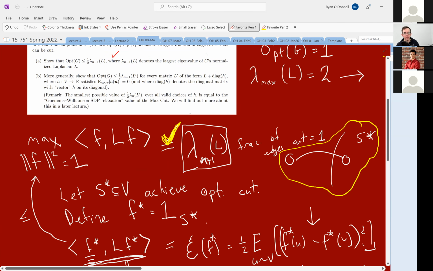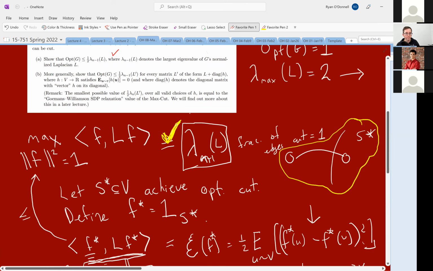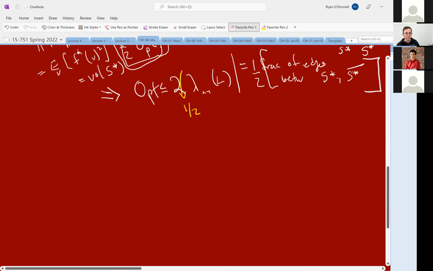Is there something where the volume of the cut set is at most 1/2, or the volume of the set for the max cut?